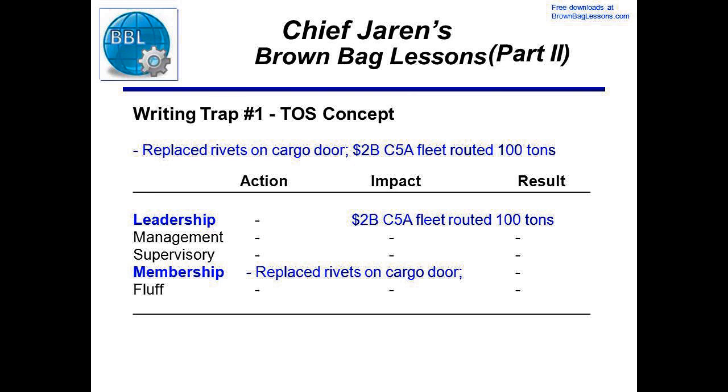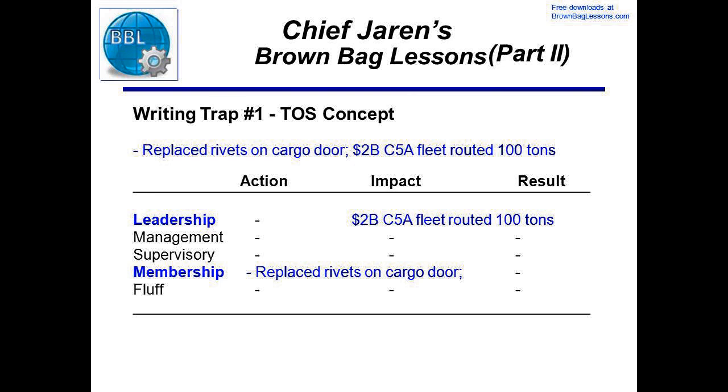If we look at it with the performance scale, you can see replacing rivets on a cargo door is at the membership level. It's good work, it's necessary work, but it's work at the membership level. $2 billion worth of C5 fleet routing tons of cargo throughout the area of responsibility of the theater. That's incredible. That's leadership level.